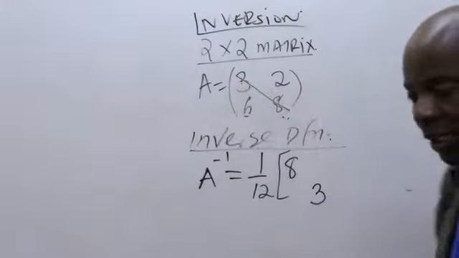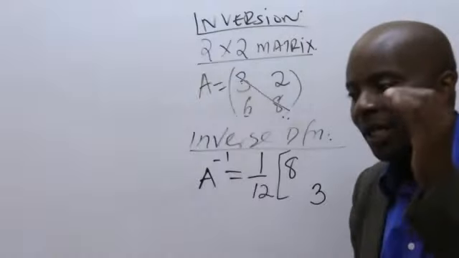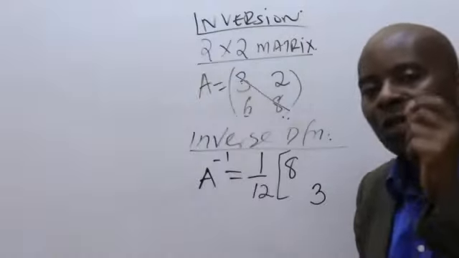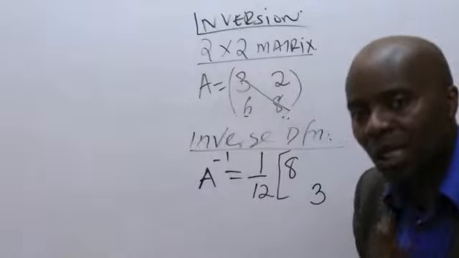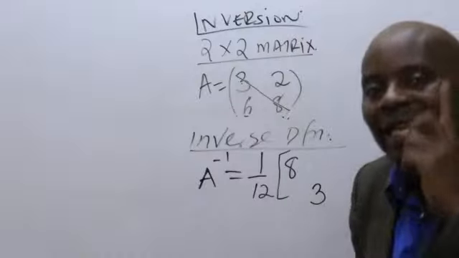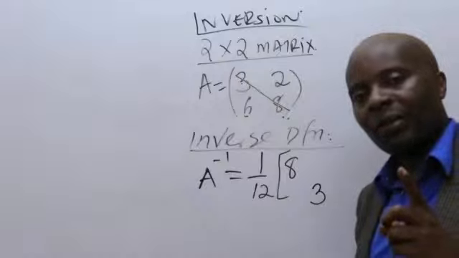Now listen to me very well. For the secondary elements, we shall leave them in their respective positions, but we have to change their signs. What have I said, ladies and gentlemen, for the secondary?